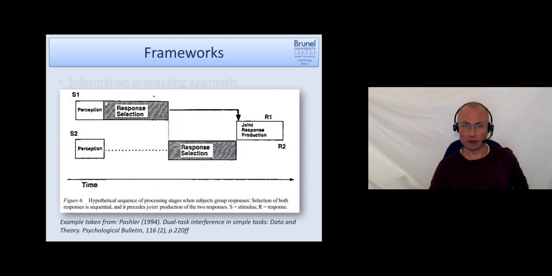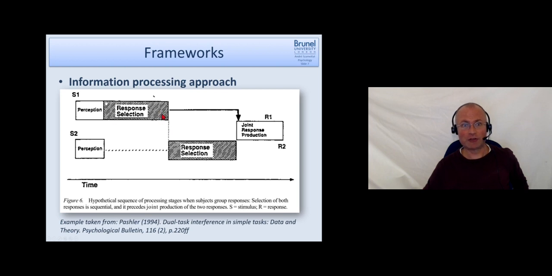And just to show you, this is an example from an actual research paper. This is exactly how it's used in publications. If you remember, I'm interested in multitasking. So this is an example where you have 2 tasks, 2 stimuli, stimulus 1 and stimulus 2. Both have their perception stages. And then the idea is response selection cannot work in parallel.